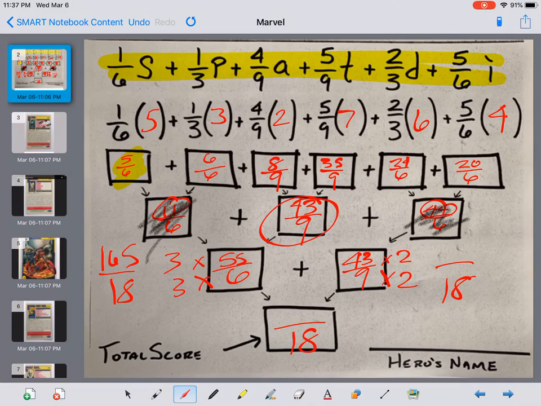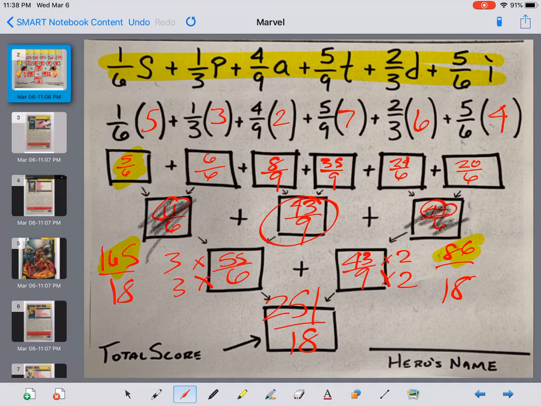Okay, so 43 times 2 is 86. So now what I'm going to do is add 86 and 165. And that's going to equal, let's see, 265 minus 14, 251 over 18. 251 over 18.